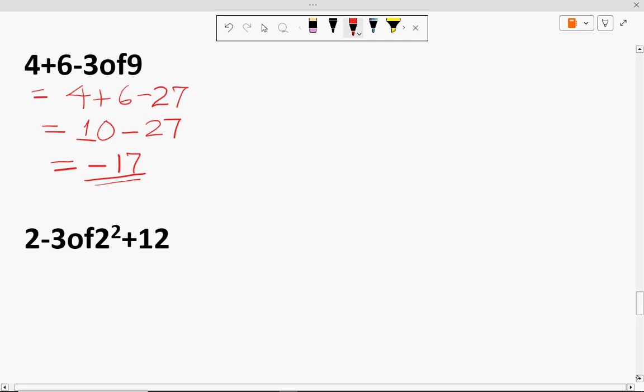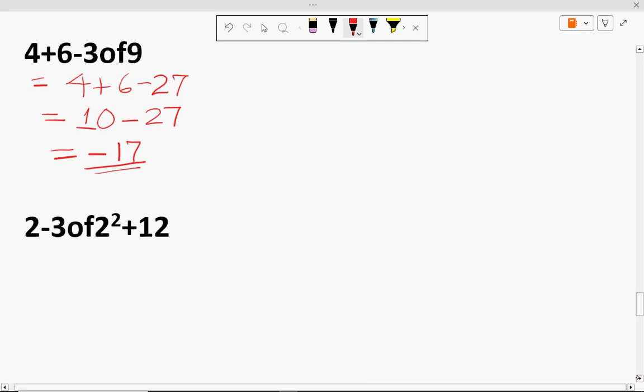In the next expression, we have off, so we'll go for the off first. 2 minus 3, as there is a square, so we will solve this square. 2 square is 4 plus 12.